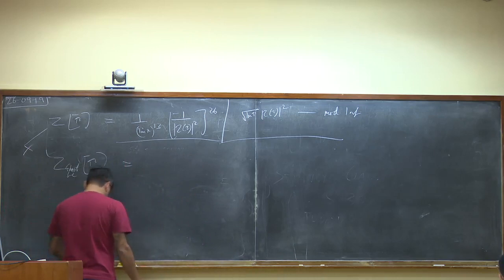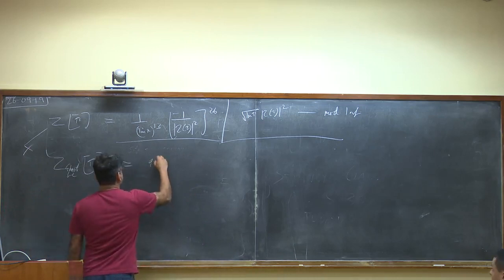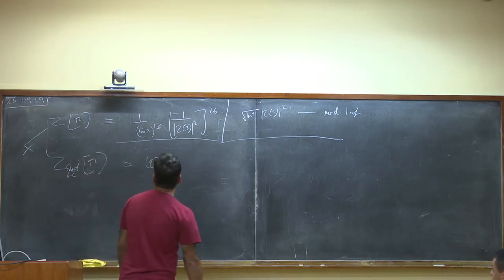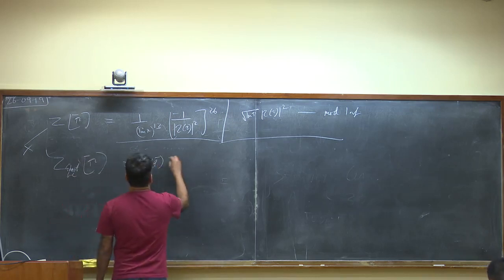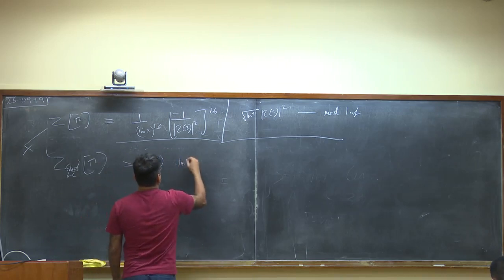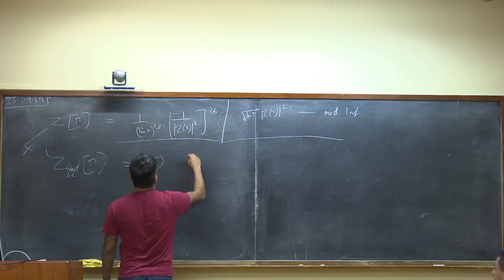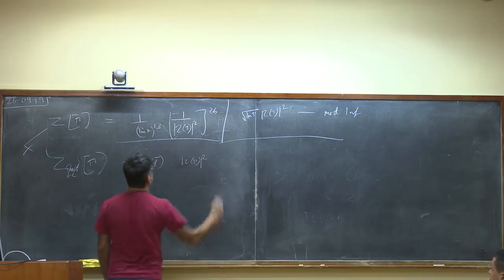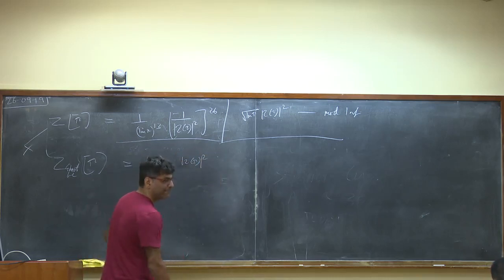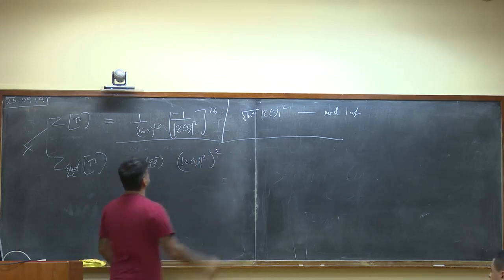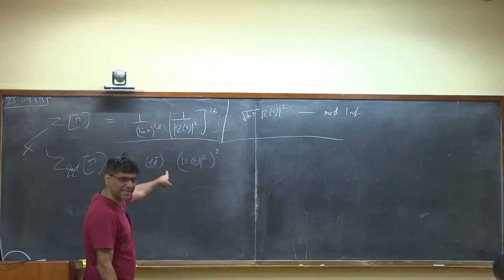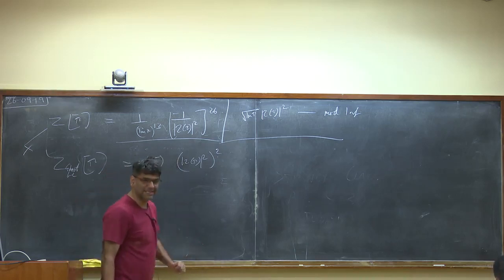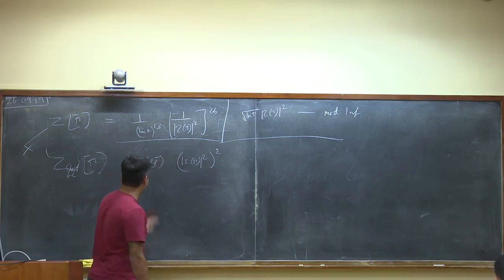I think we reported that we got q bar times eta(tau) squared square. Is this what we said last time? Yeah, I think this is what we said last time, right?